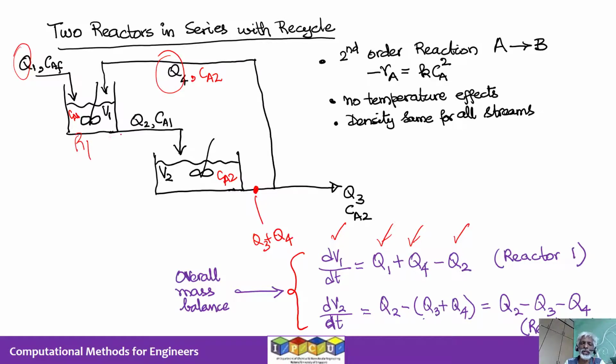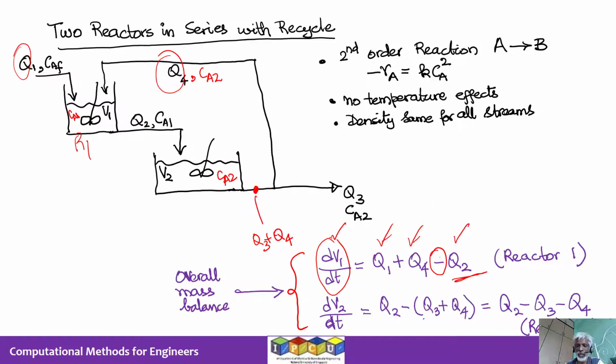Out of reactor 1, the volumetric flow rate out is Q2. So since it is outflow, you get a minus sign. So the rate of change of volume for reactor 1 is dV1 by dt, and that's going to be equal to Q1 plus Q4 minus Q2. The units of Q1, Q4, and Q2 are typically in meters cube per minute, and volume is in meter cube and time is in minutes. So the left hand side will have units of meter cube per minute as well.